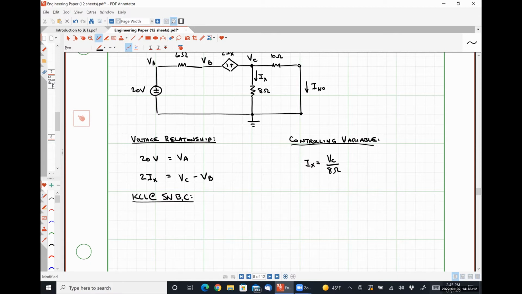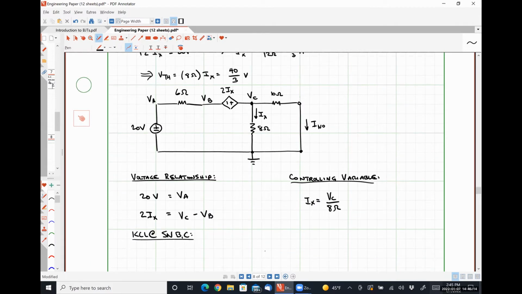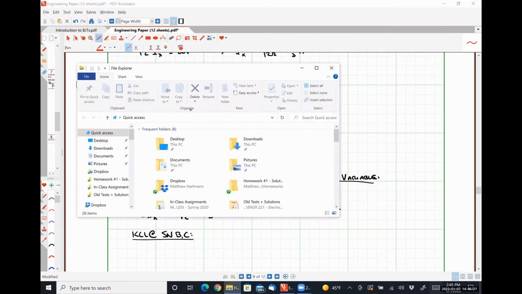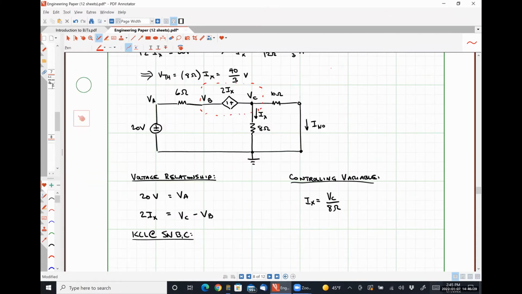Because it's been a minute since we've done anything involving a supernode, I'm going to try to draw a little bit of a loop around our supernode. We're going to find this current, and this current, because those are the 3 currents leaving our supernode.